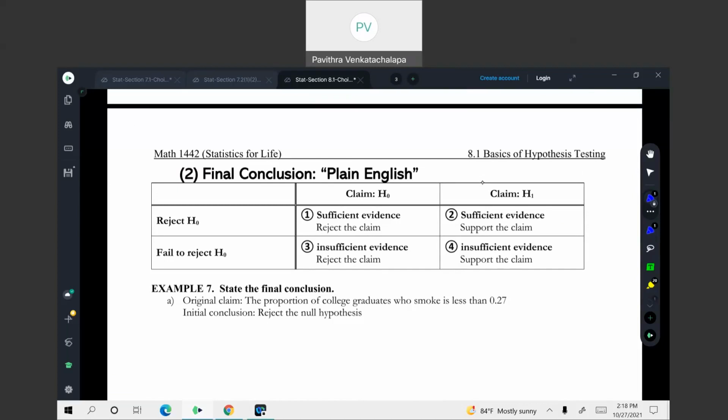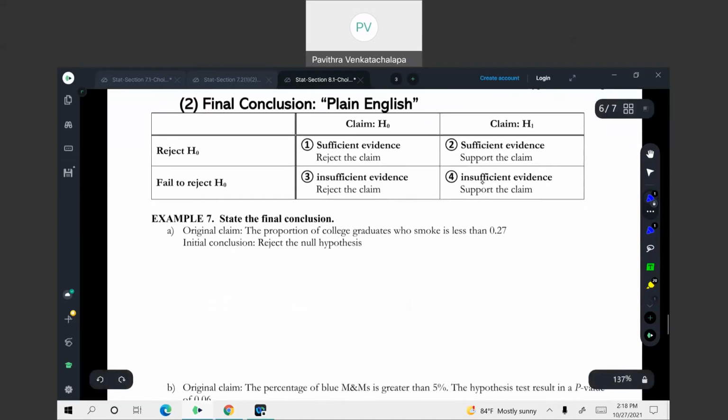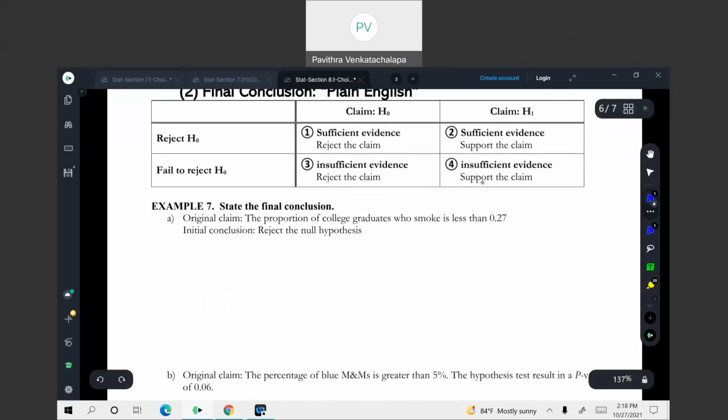Now let's see how to do this. In the example, the claim is that the proportion p is less than 0.27, right? I will write the claim first. So I will say H naught is p equal to 0.27.